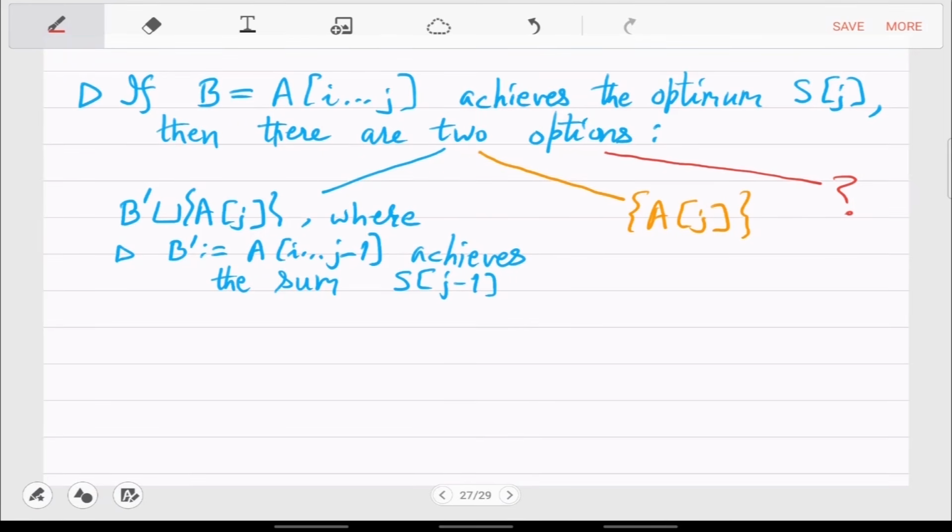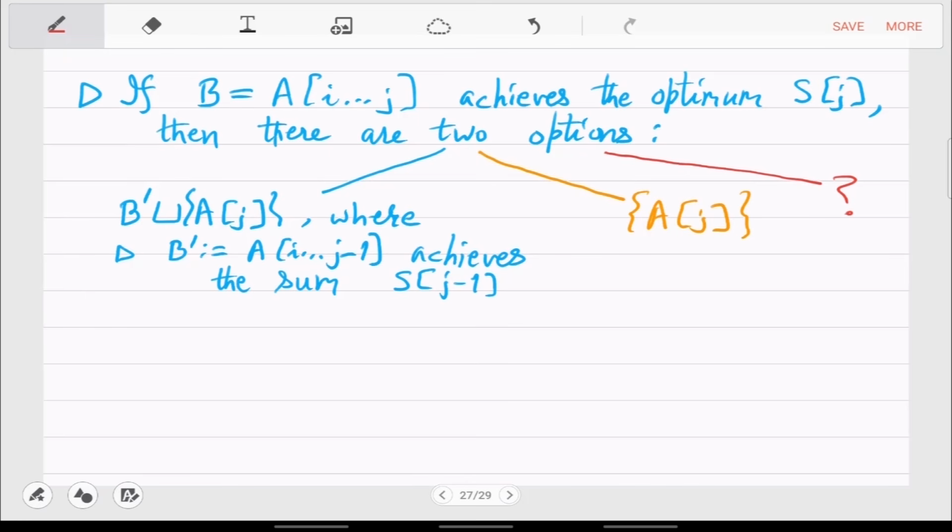In general, can there be a third option which changes the answer, which gives you a bigger sum?